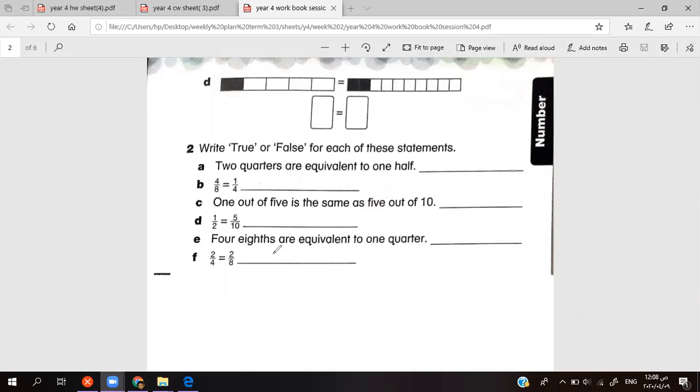Okay, now let us see 4/8. How do I write 4/8? I write it 4 over 8. 4/8 is equivalent to 1/4, which means 1 over 4. Let us see. Is 4 over 8 equal to 1 over 4?